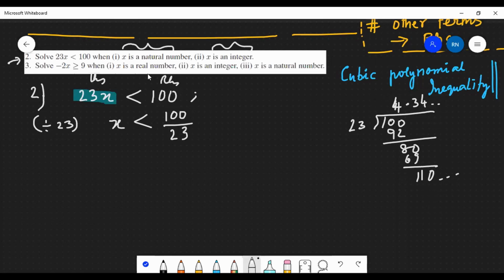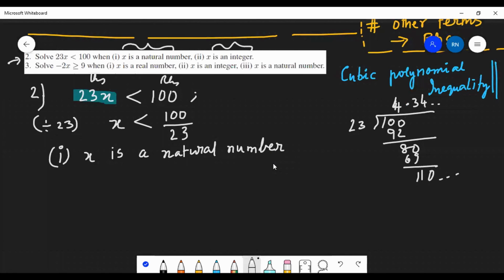But what do we want? Subdivision 1 says x is a natural number. So for the natural number, any category other than real number, you should understand.